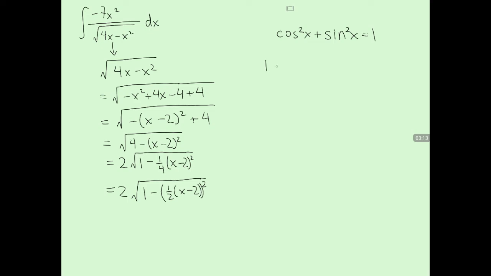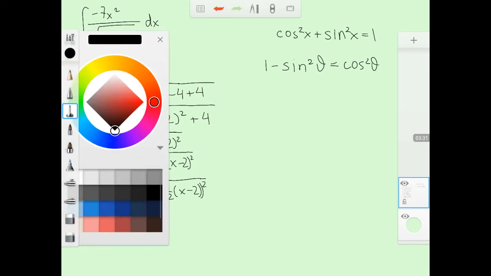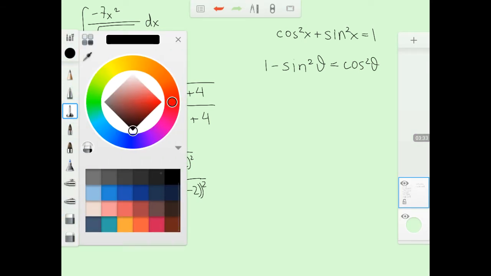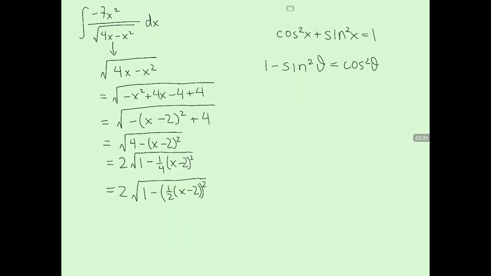Let's just use sine in this example, just for fun. So we have 1 minus sine squared theta equals cosine squared theta. So right now we are going to replace this stuff with sine. If I draw this in a different color, you might be able to see the resemblance.